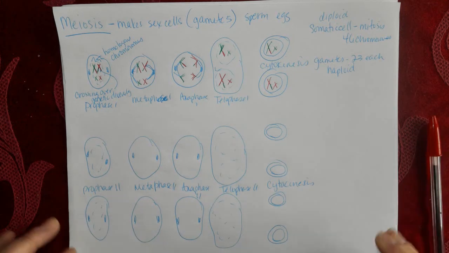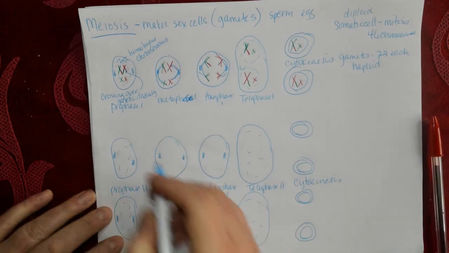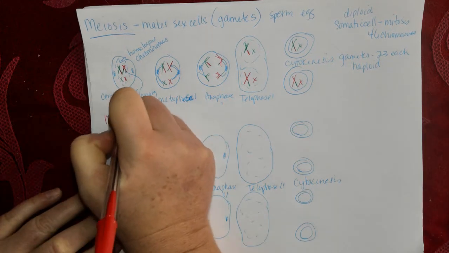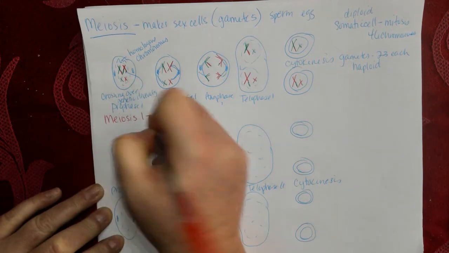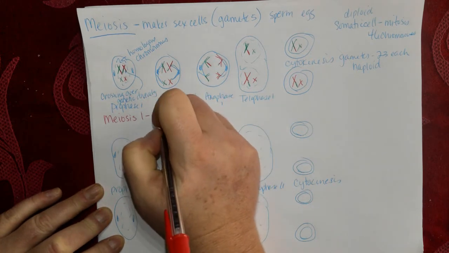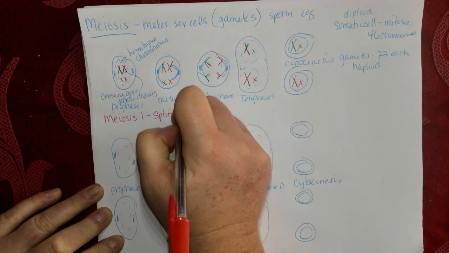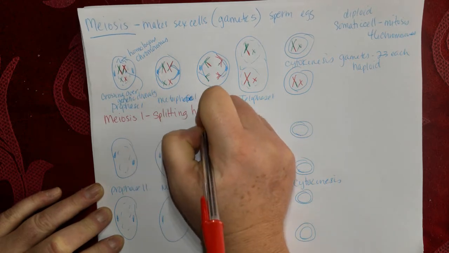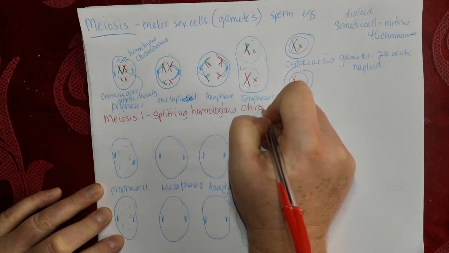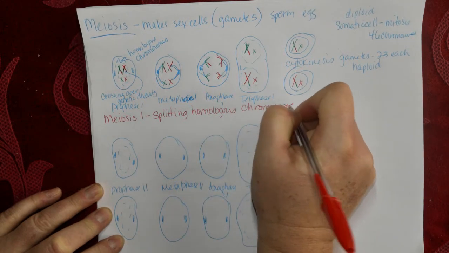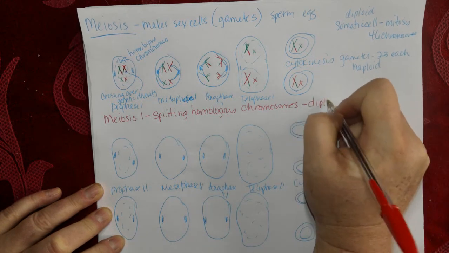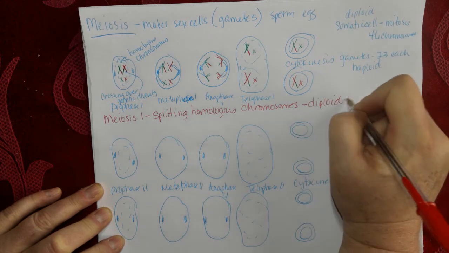So in meiosis 1, I'll write it in red, we are splitting homologous chromosomes, going from diploid to haploid.